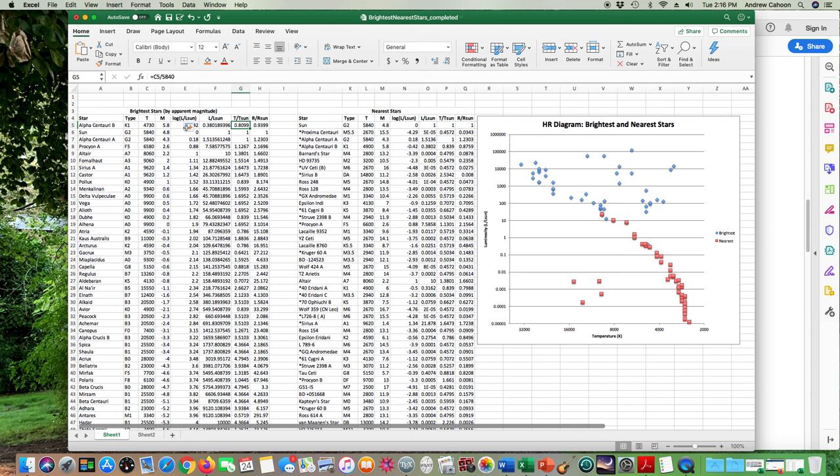For temperature, we want to measure relative to the sun also. We have the temperatures over here. The temperature of the sun is given in two places, so it's 5840, and then it's also 5840 over here. So what you do for this is you take the cell where the temperature is, the absolute value of the temperature, and you divide it by 5840, and then drag it down.